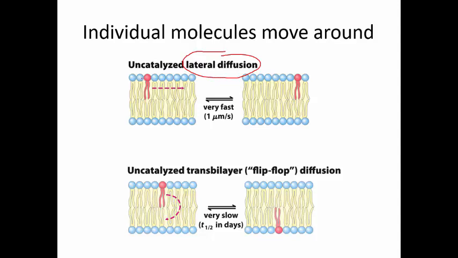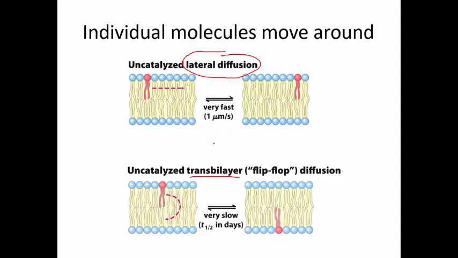You can have one molecule, if you could track it, move over here, but it's still on, let's say this is the outside, the outside leaflet. Transbilayer diffusion, which would be taking one on, say, the outside and moving it to the inside, is very, very slow. Days, instead of micrometers per second that it can move, right? So that's a very big difference.